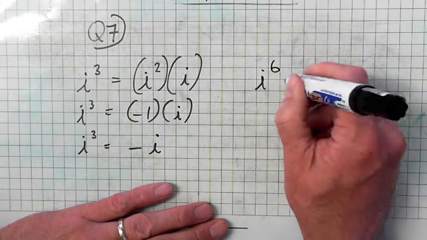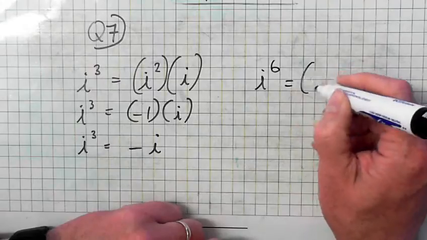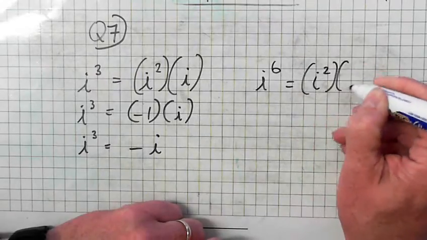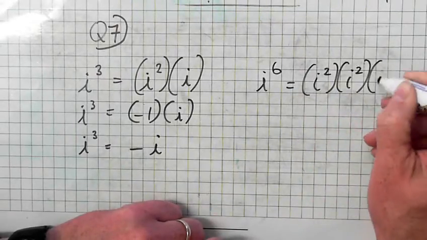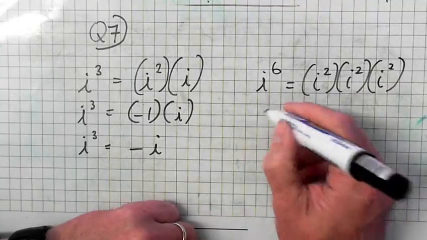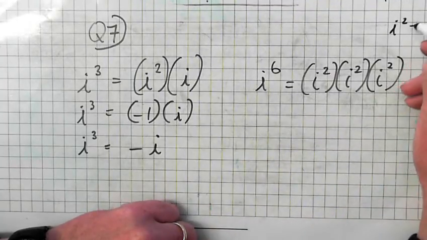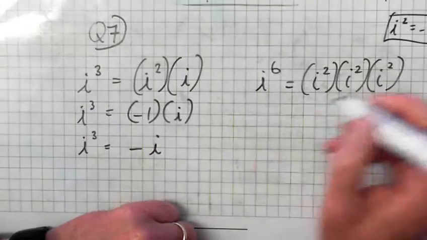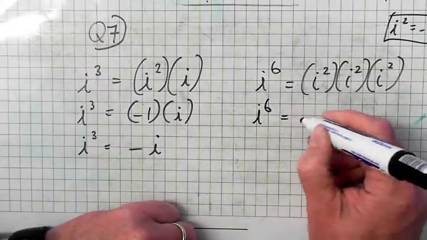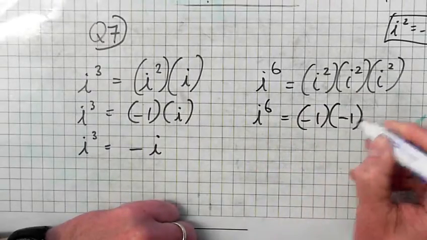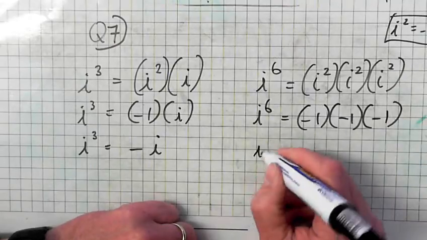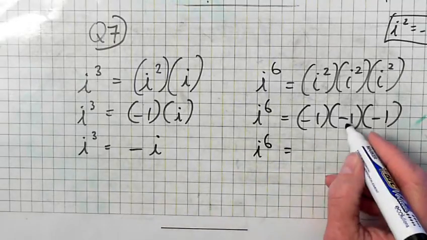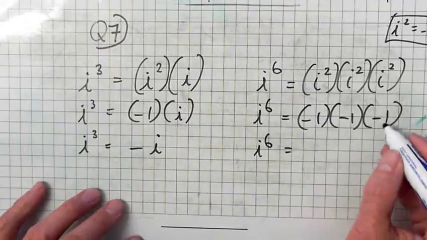i to the power of 6. You can break it up into i squared times i squared times i squared. Remember, i squared is equal to minus 1. So minus 1 times minus 1 times minus 1. A minus times a minus is a plus, times a minus is a minus.